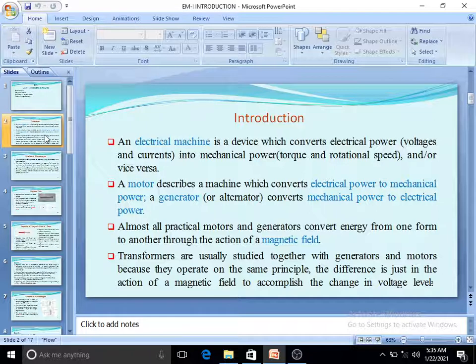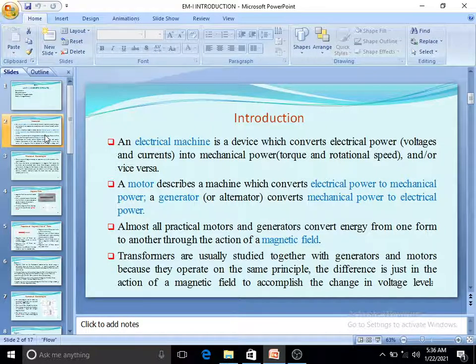Generally in electrical we focus on motors and generators. The motor receives electrical energy and produces mechanical energy. The generator uses mechanical energy to produce electricity.